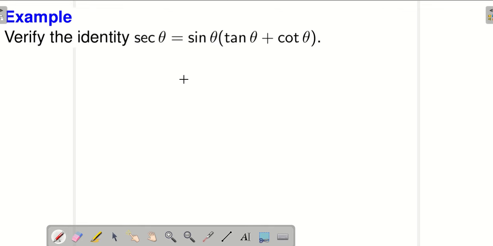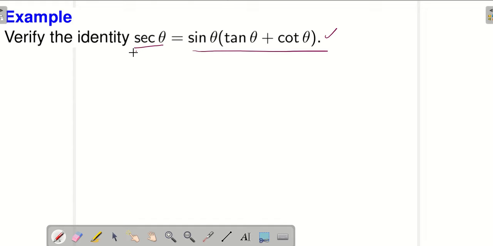Now verify the identity. Sec theta is equal to sine theta into bracket tan theta plus cot theta. Now we can see that the left hand side is very simplified, but the right hand side is more complex. So we rather start with the right hand side to get the left hand side.